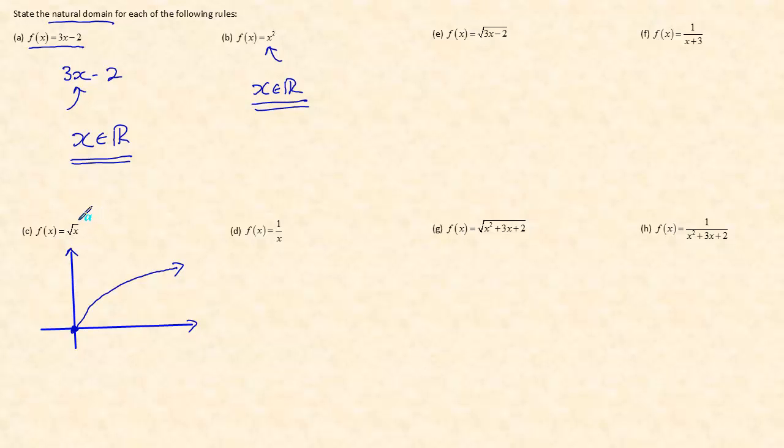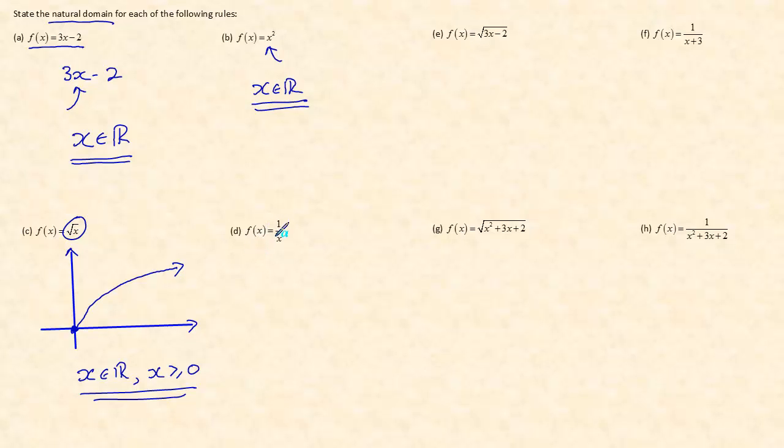Well, we can't take the square root of negative numbers. You can take the square root of 0, you can take the square root of any positive number. So in this case, x is a real value, can be input to the function, but only if x is 0 or more.